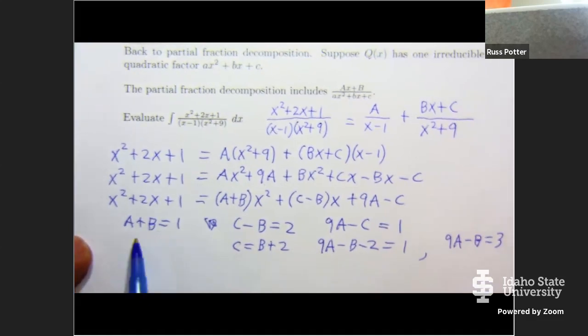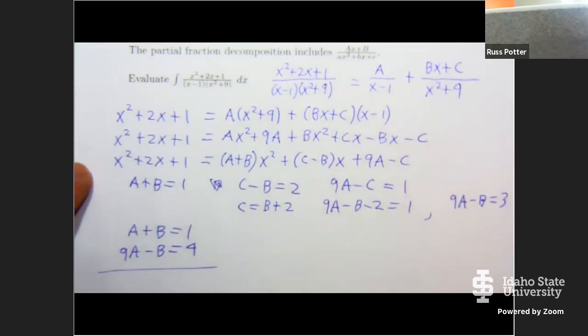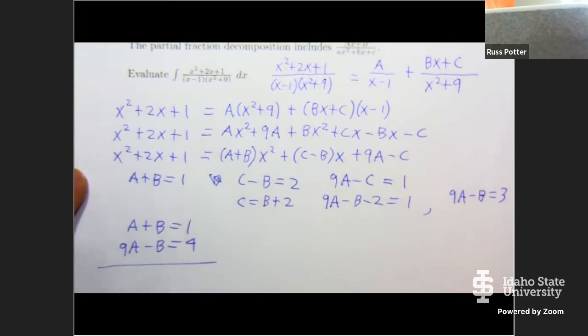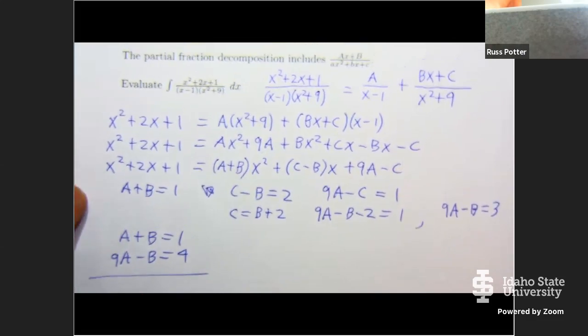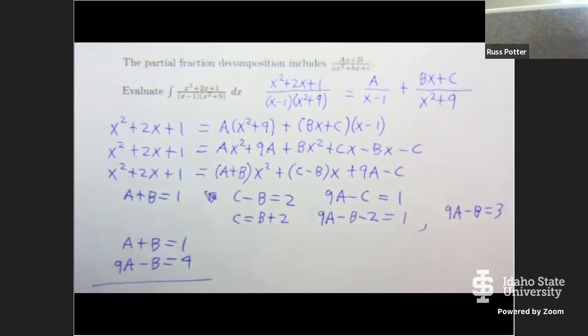All right, the first equation, a plus b equals 1, and this equation, 9a minus b equals 3. I can add those 2 equations, and the b will be eliminated.